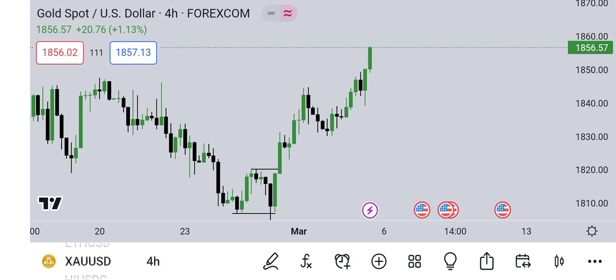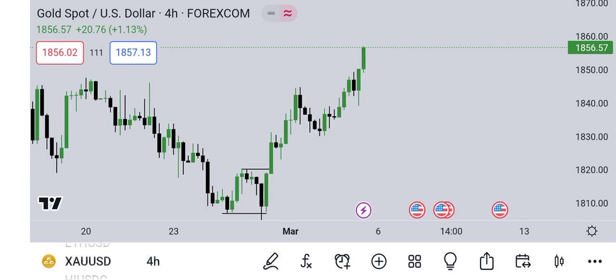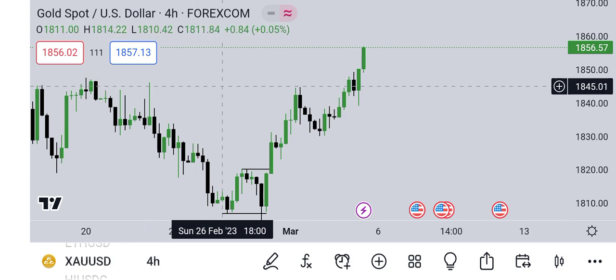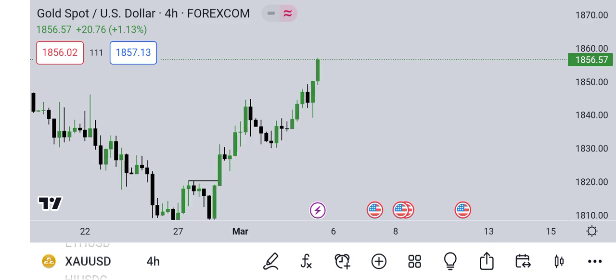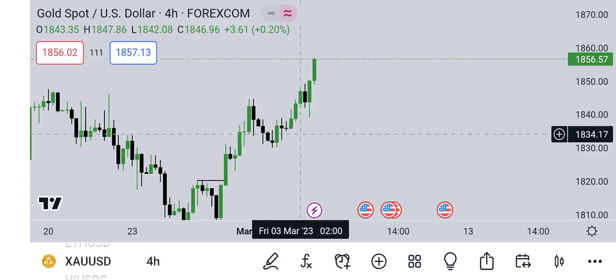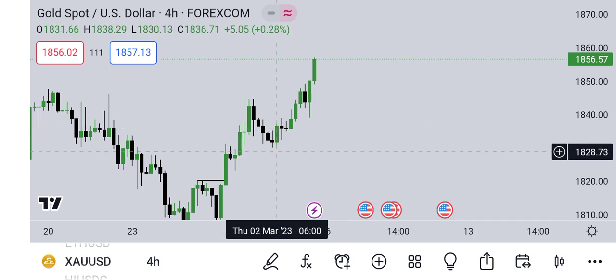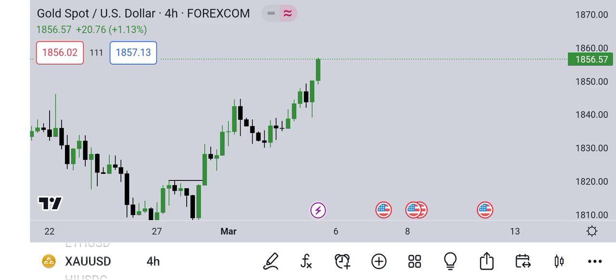Okay, so when it rallied up to a point, it did not take this high yet, so it created something close to it, then it corrected, and as it corrected again, it went higher. Okay, this candle here returns into the 50% of the move up. This is what I mean.